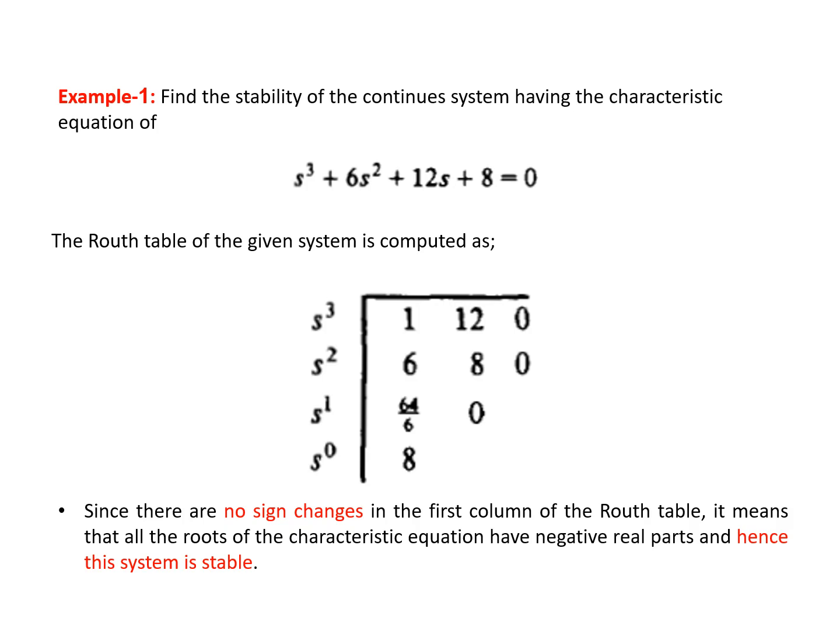Since there are no sign changes in the first column, I can directly say that all the roots lie in the left half of the s plane, and none of the roots are in the right half of the s plane. So the system is said to be stable. This is how we analyze the stability of the system.